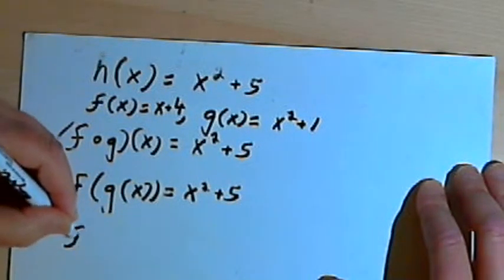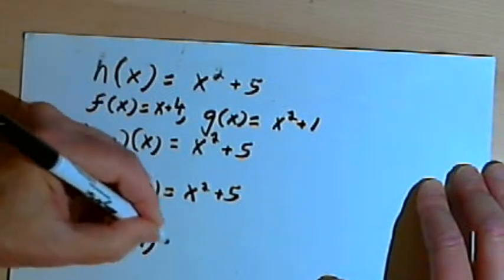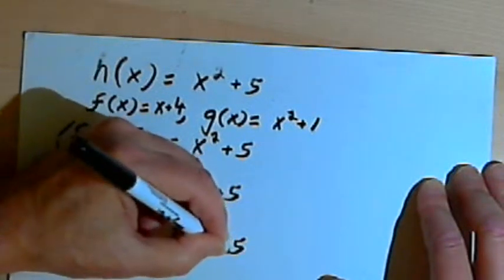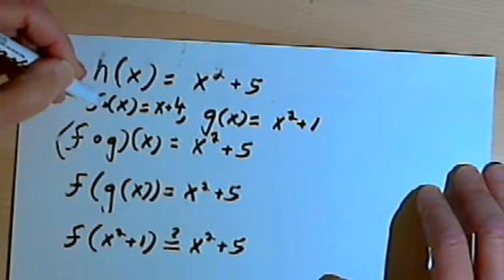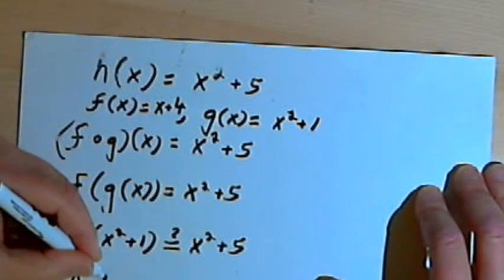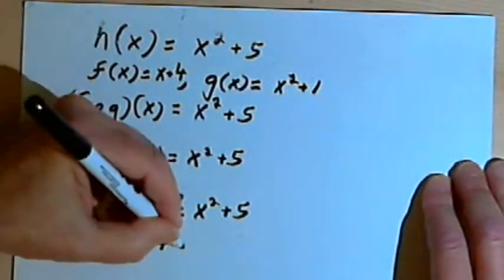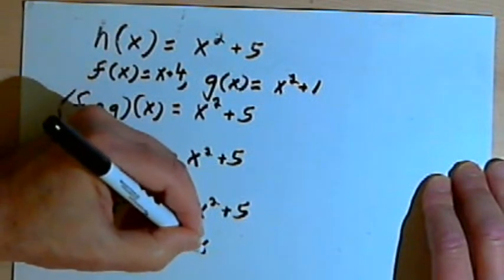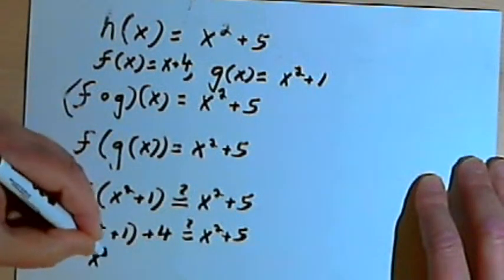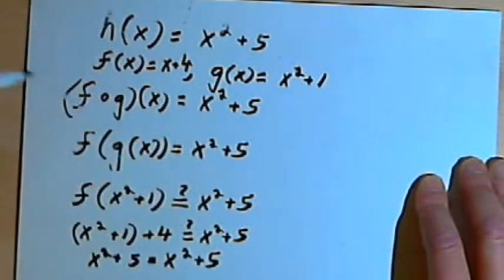I'm going to rewrite that as f of x² + 1. We want to see if I can get that to equal x² + 5. The f function, this time I'm saying that that equals x + 4. So I'm going to have x² + 1 + 4. We want to know if that equals x² + 5. We take the parentheses away and add everything together. We get x² + 5 equals x² + 5.